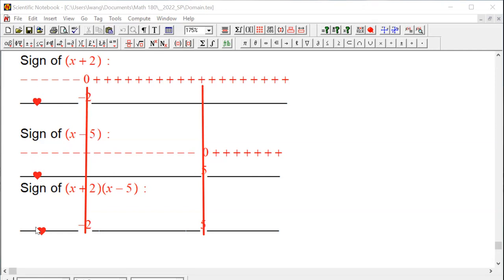So negative times negative is going to be positive. So on this piece, the product of these two numbers is going to be positive. At -2, this expression is going to be 0, and 0 times non-zero is 0.